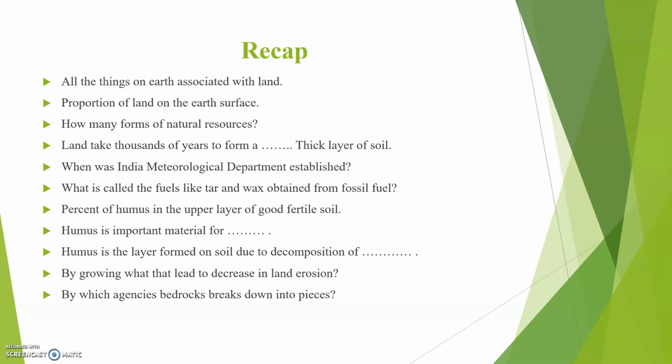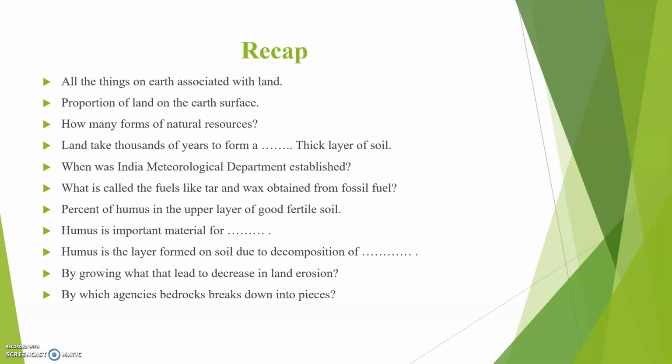It was established in 1875 AD. What are the fuels like tar and wax obtained from fossil fuel called? It is called crude oil. What percent of humus is in the upper layer of good fertile soil? It is 33 to 50%, but approximately it contains 45%. Humus is important for aerating, holding water, and it provides nutrients to the soil.